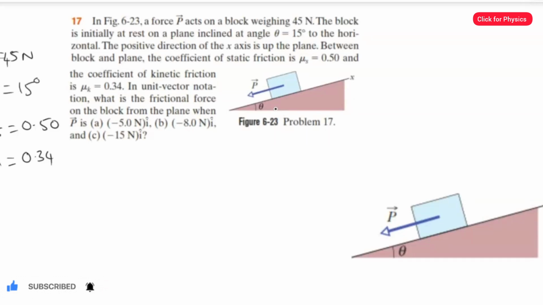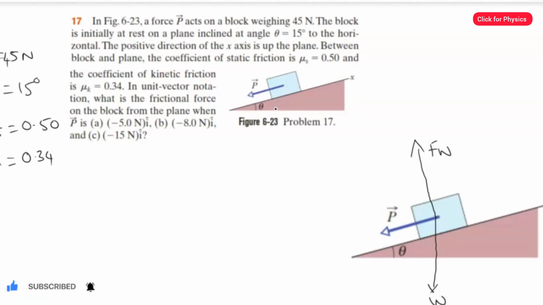As we already studied in chapters 5 and 6, the normal force always acts perpendicular to the surface of the object. Here we have the block, so perpendicular to the block, we have the normal force. And then exactly in the downward direction, we have the force due to gravity, which is nothing but the weight.